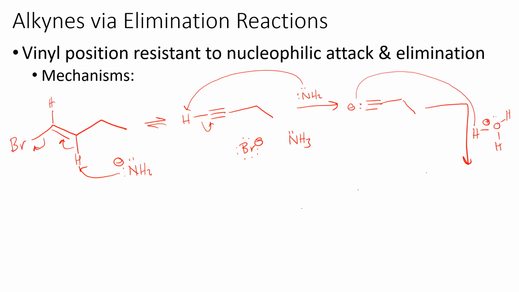Then when we use our acid wash, the acid wash will reprotonate that terminal alkyne, leading us to our final product. Those are the biggest changes in conditions between producing the kinetic product, the terminal alkyne, or producing the thermodynamic product, which would be the internal alkyne.